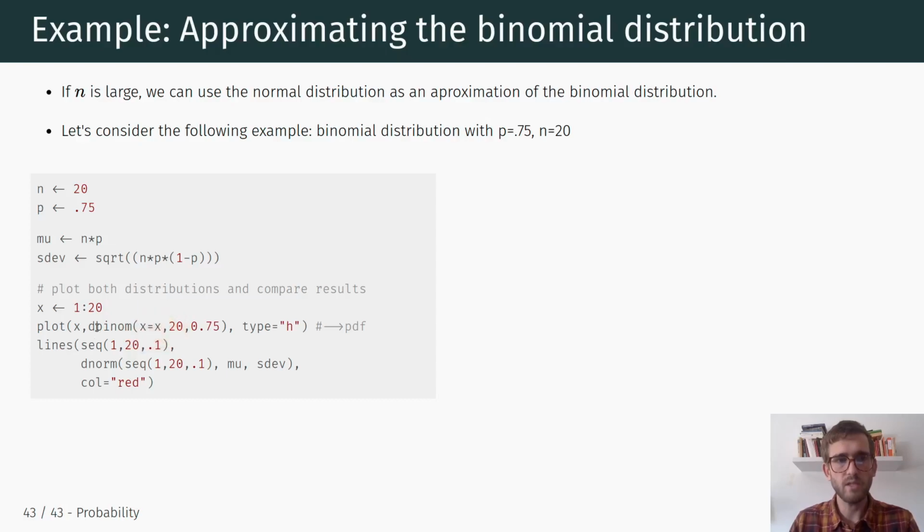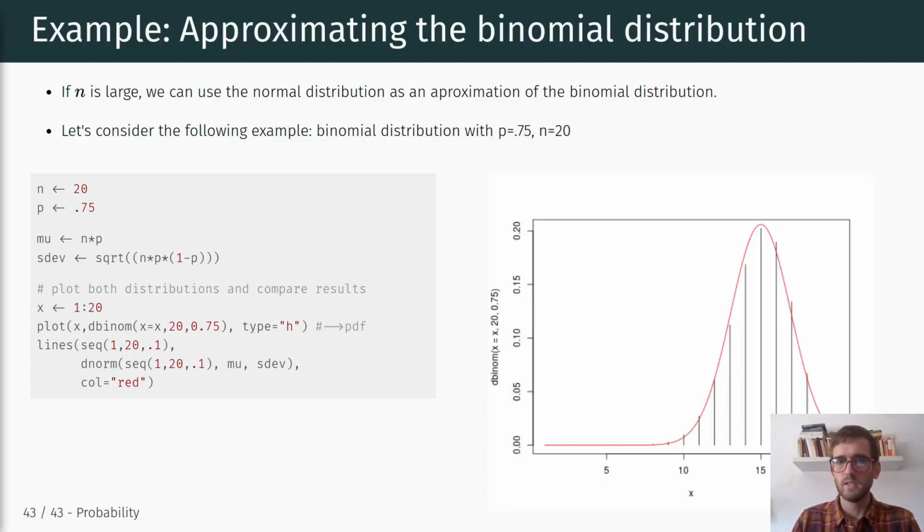And this is what we're doing here. We're plotting both the binomial distribution, which is essentially the probability mass function for that binomial distribution, and the probability density function for a normal distribution, with a respective mean of mu and the standard deviation that we computed previously, again in the range between 1 and 20, okay?